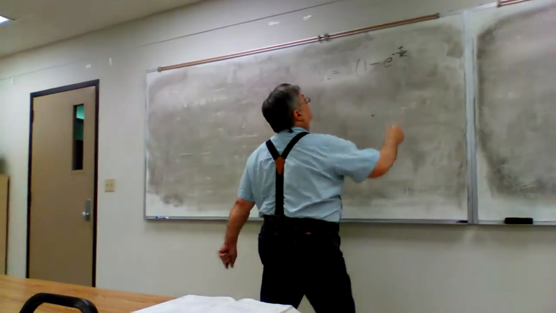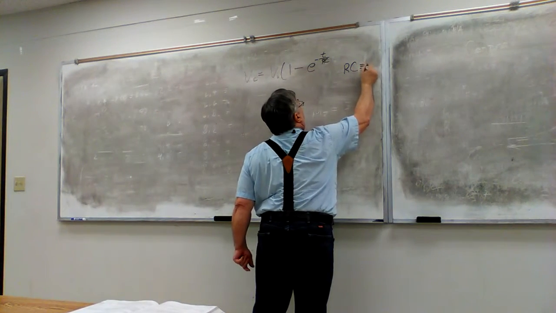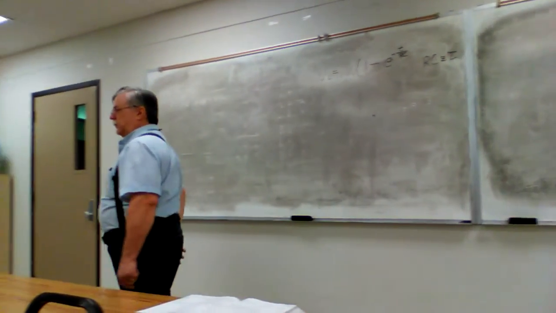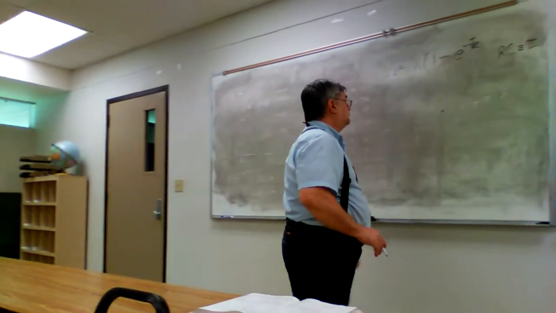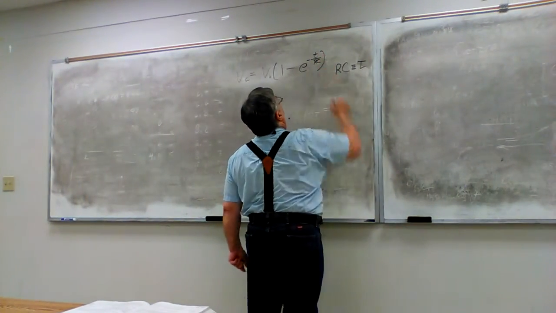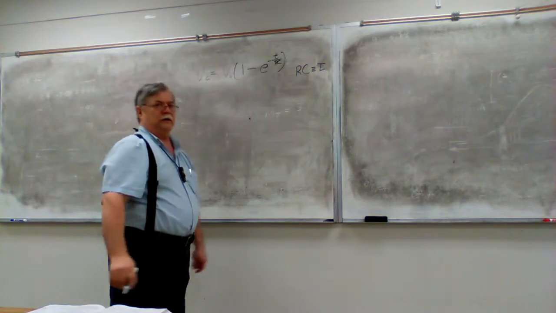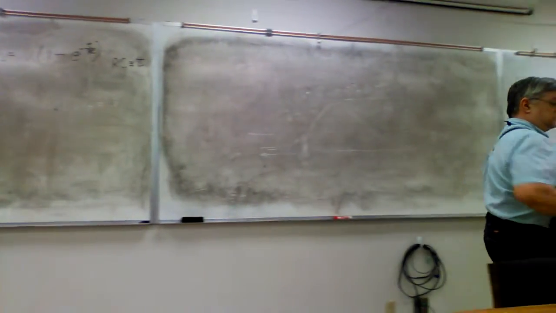And I told y'all, RC, the resistance times the capacitance, is represented by the Greek letter tau. It's called the time constant. Now, let's look at some specific examples.